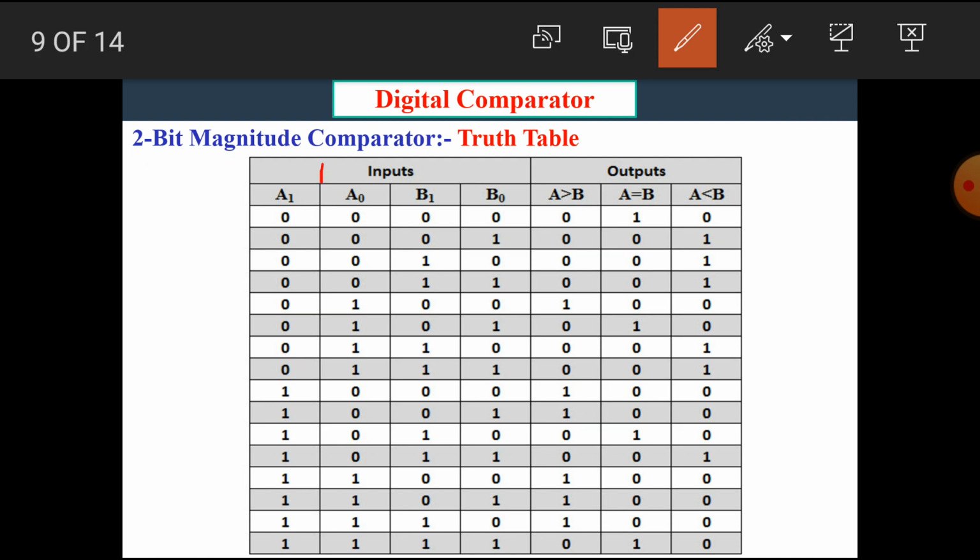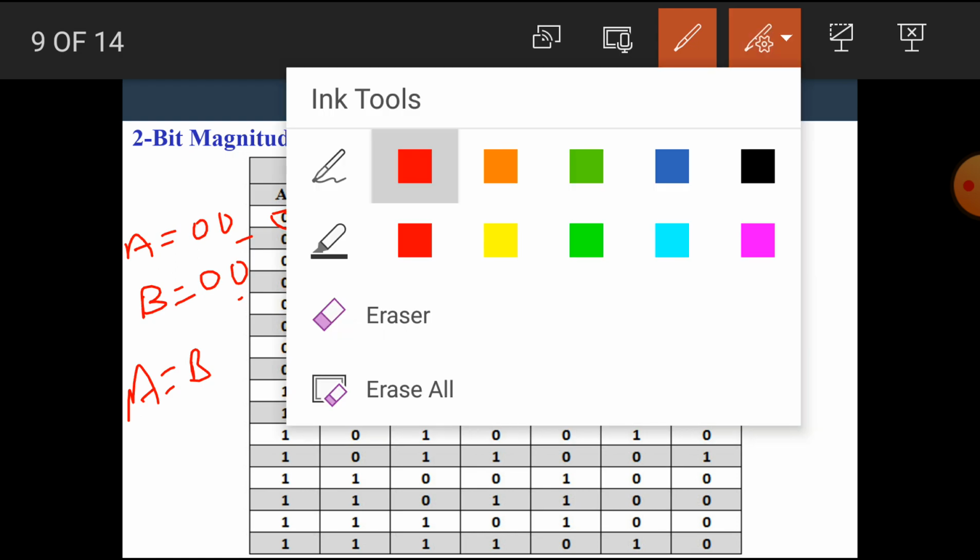A is made up of A0 and A1. B is made up of B0 and B1. The first case is A equal to 0 0 and B equal to 0 0. Here both have the same value, hence A equal to B is 1.